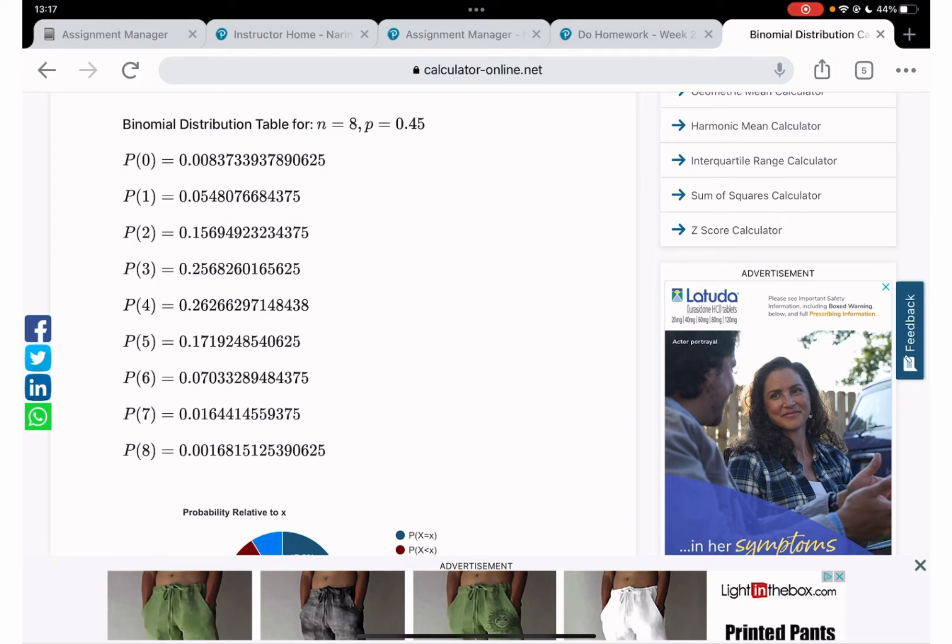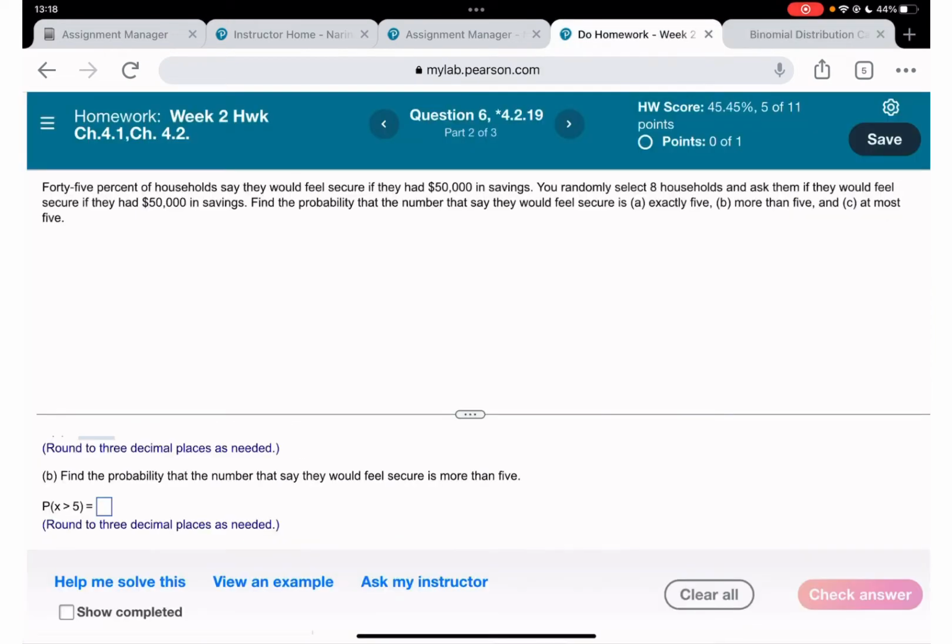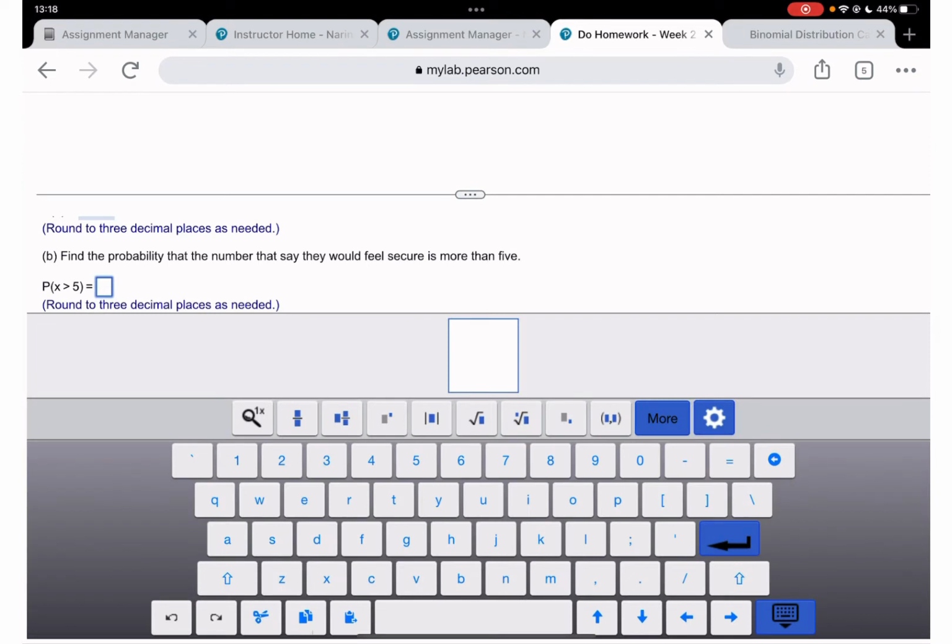Probability of 6 is about 0.07, probability of 7 is 0.016, and probability of 8 is 0.002. So the sum is 0.088. Let's move back and type it in.